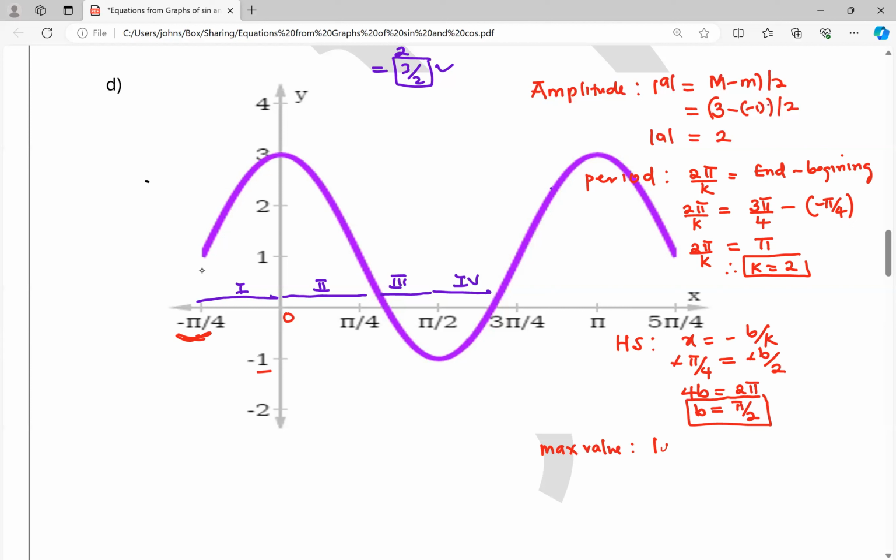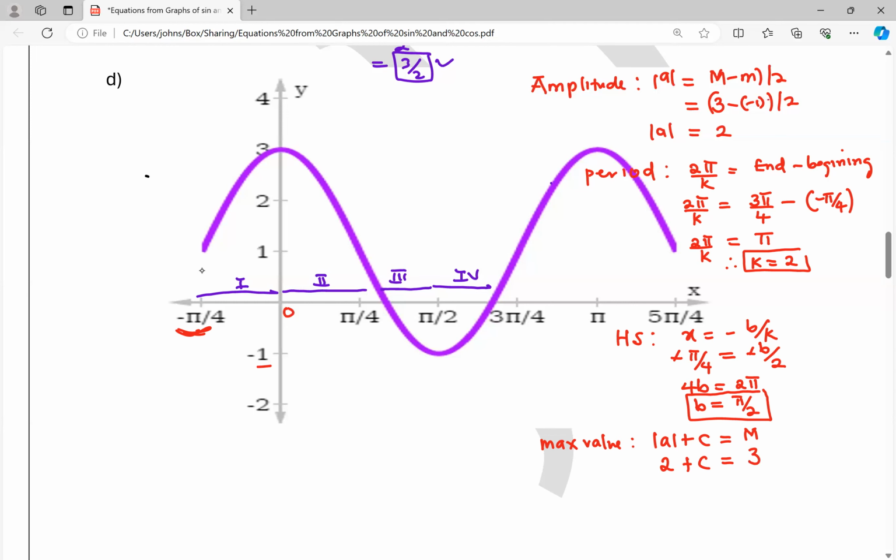By formula, we have the absolute value of a plus c equals capital M. Let me write it as capital M first. So the absolute value of a is 2, plus c, we don't know, plus capital M, which is the largest value, which is 3, right?